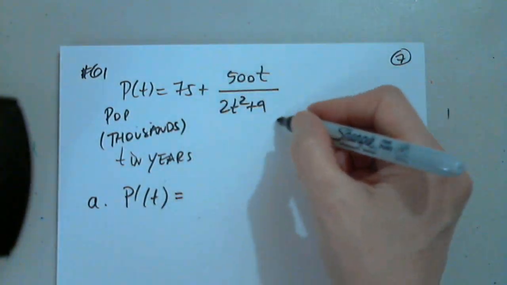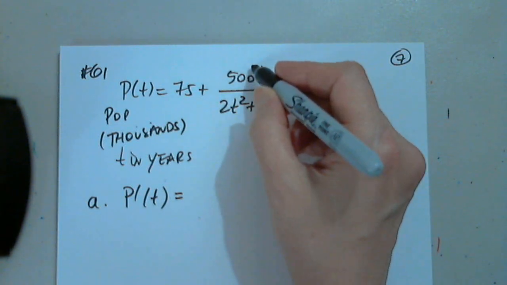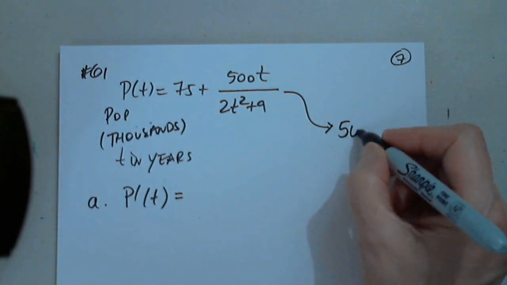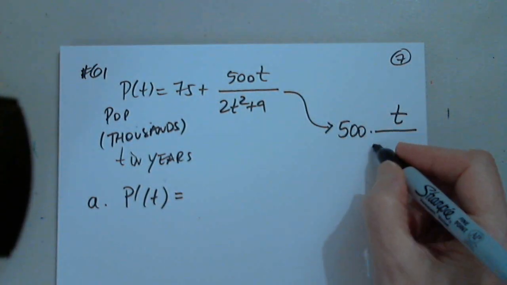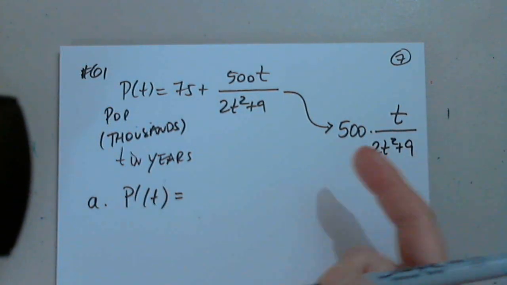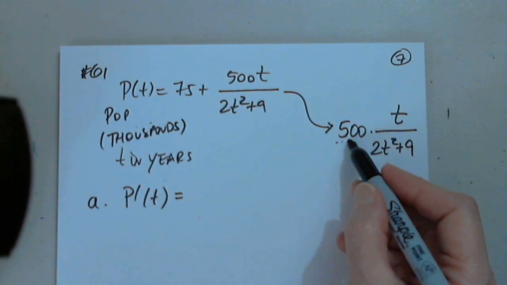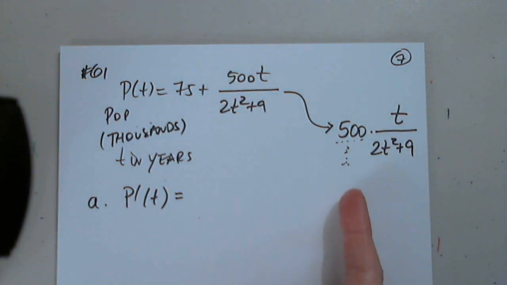Careful here. This fraction does only have one term in the numerator. I will rewrite this fraction like this. I can take the constant in front. This is the same thing with 500t over this because this is over 1. This makes a huge difference.